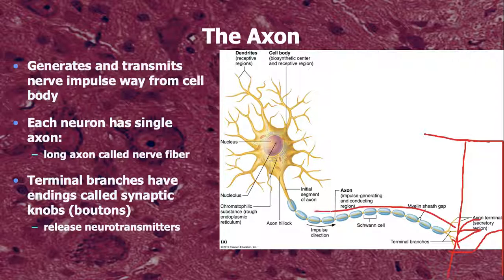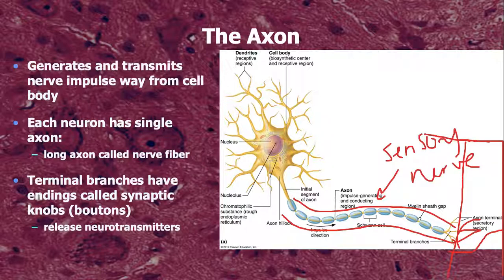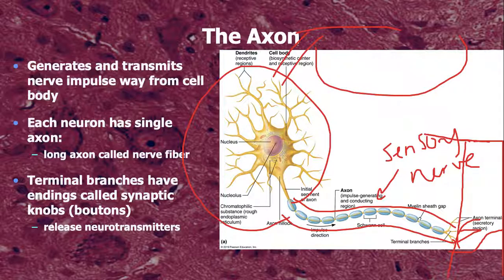And then this is going to be a sensory nerve. This is going to be in the dorsal root ganglion, and then that's going to go into the spinal cord. Does that help any visualizing?